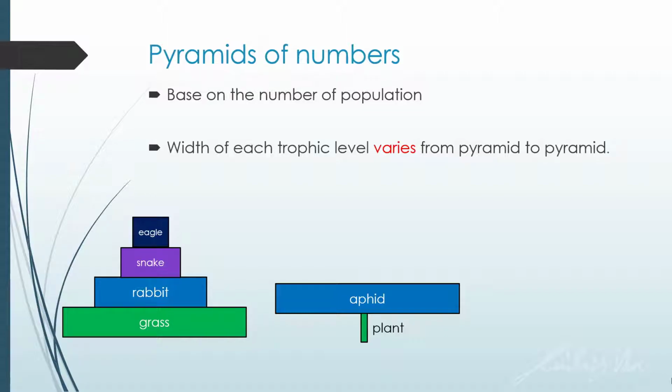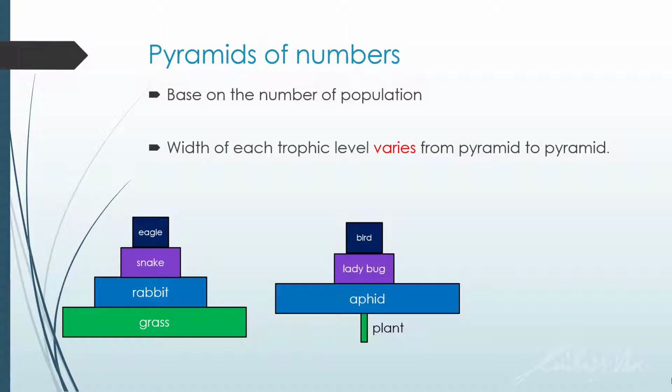The rest of the pyramid of numbers will be the same. Ladybug and bird, the number gets less and less because you need the lower number to support the higher trophic level since energy gets lost to the surrounding.